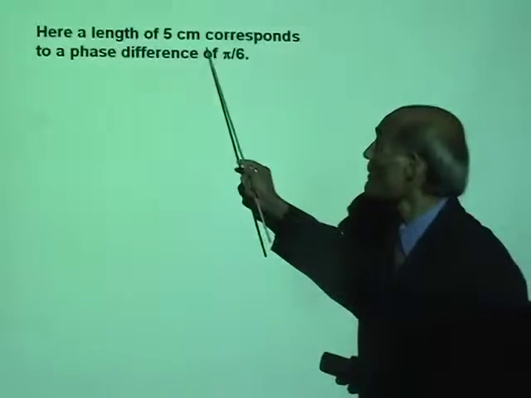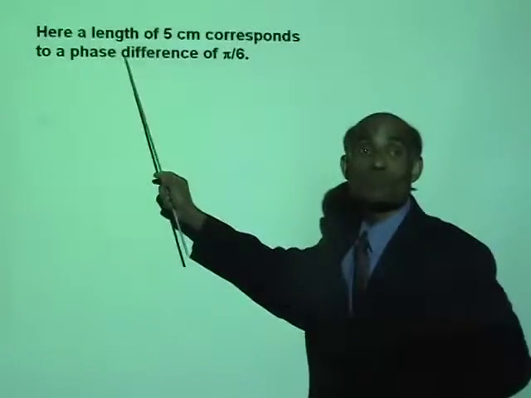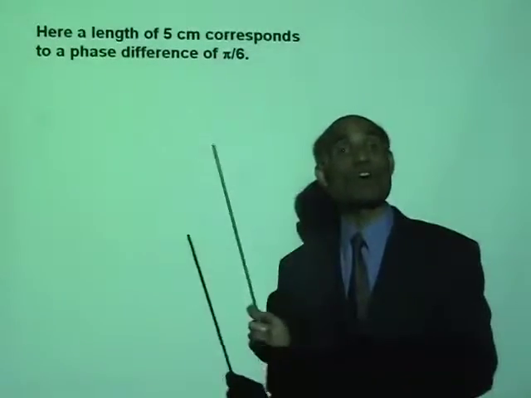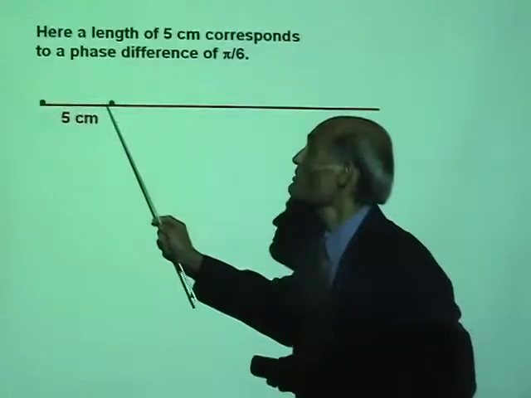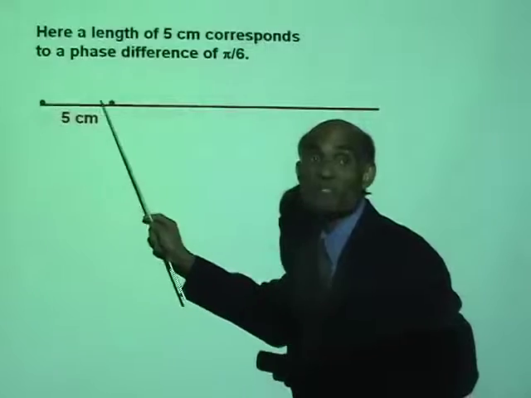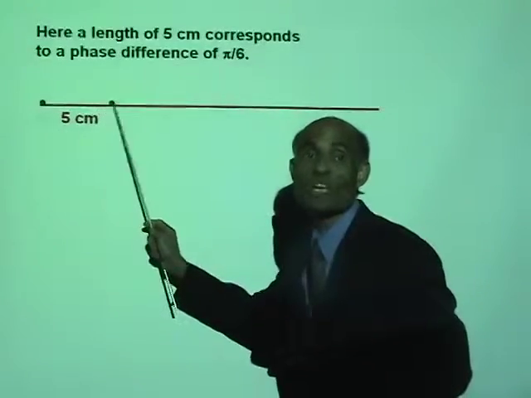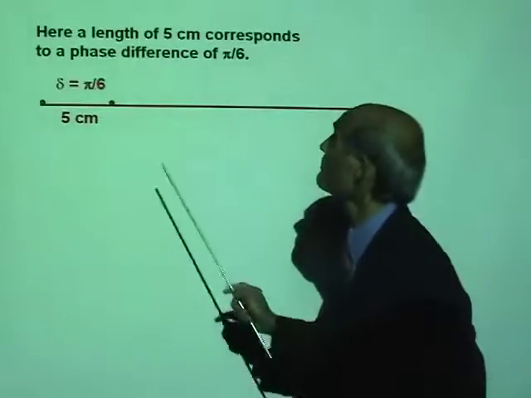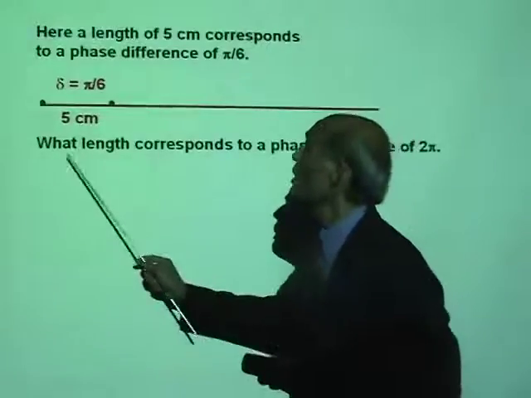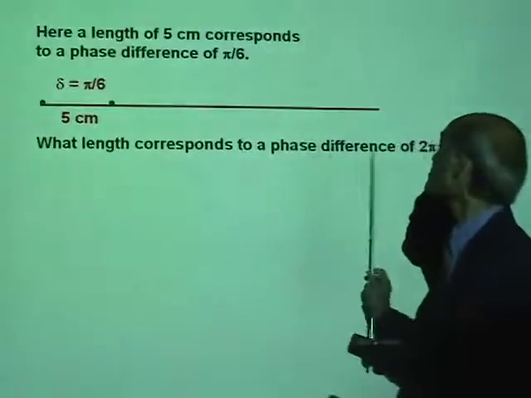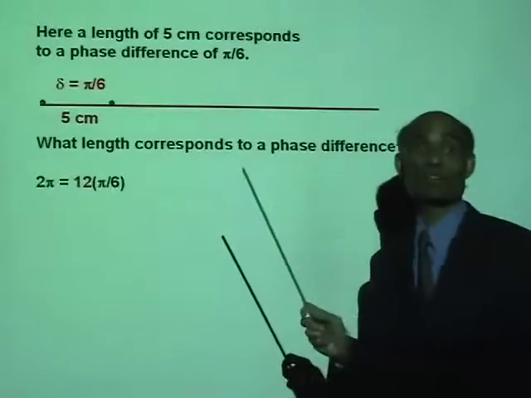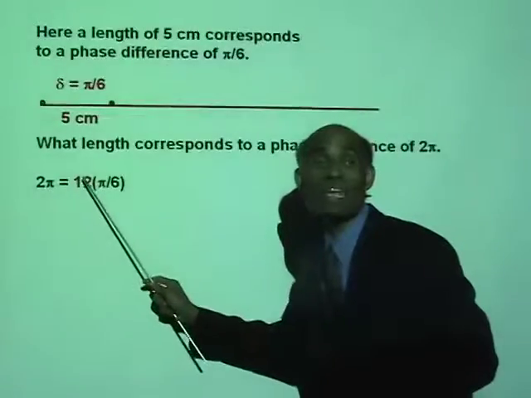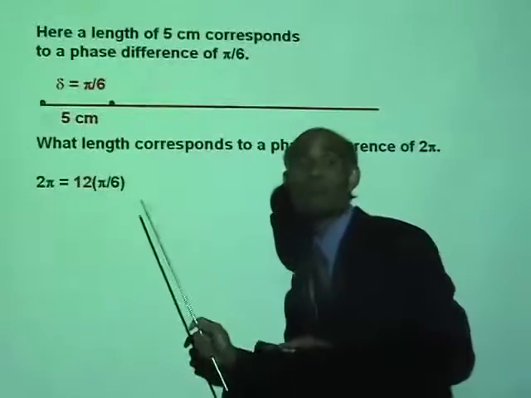Here, a length of 5 centimeters corresponds to a phase difference of pi by 6. The phase difference between these two particles is pi by 6. So delta is pi by 6. What length will correspond to a phase difference of 2 pi? That's our question. 2 pi is 12 times pi by 6.